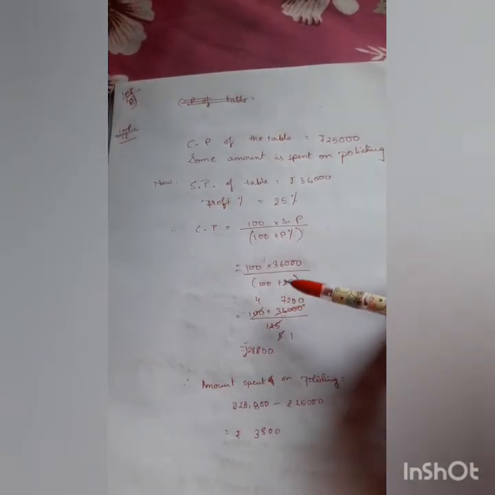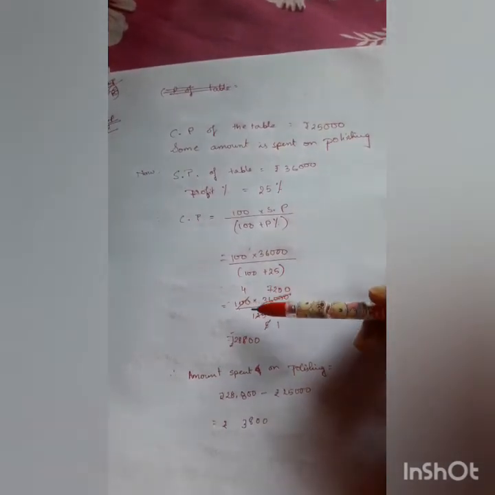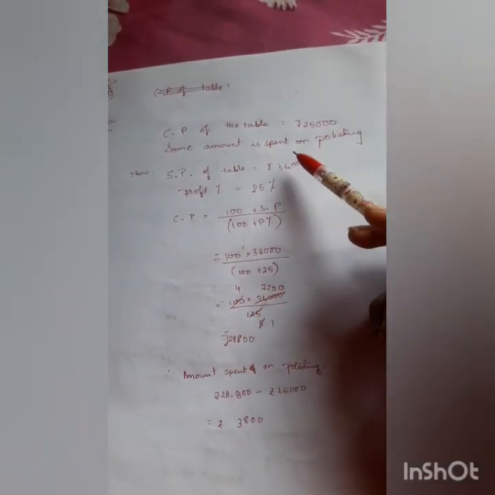On calculating, this comes out as rupees 28,800. So this is the total CP. See, this and this are not the same. So the extra amount that has been added is the cost of polishing the table. So the amount spent on polishing equals rupees 28,800 minus rupees 25,000, which is rupees 3,800.